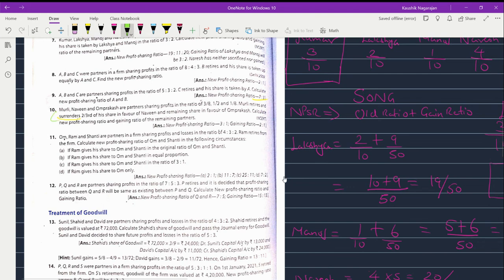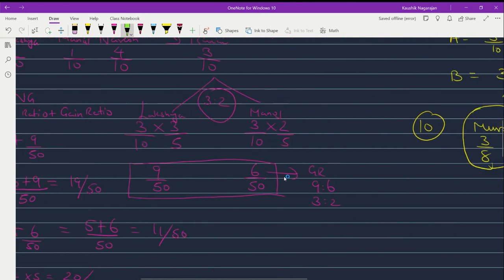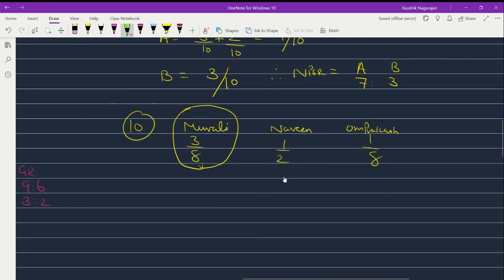Okay. So if you see here, it is used like surrender. Two-thirds of his share in favor of Naveen. So now the concept is Murali is retiring from the firm. I'll write Murali in the sideline.